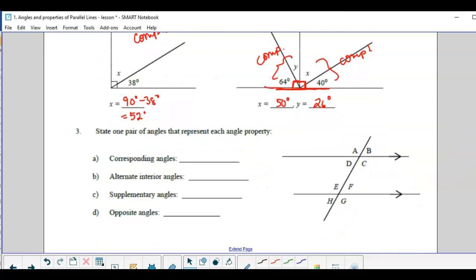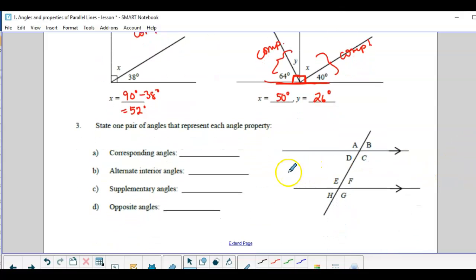And then it says here, state one pair of angles that represent each property. So corresponding angles. So those aren't complementary, they're corresponding. So they both start with C. And remember, that's the F rule. So they're both underneath each parallel line on the same side of the transversal.